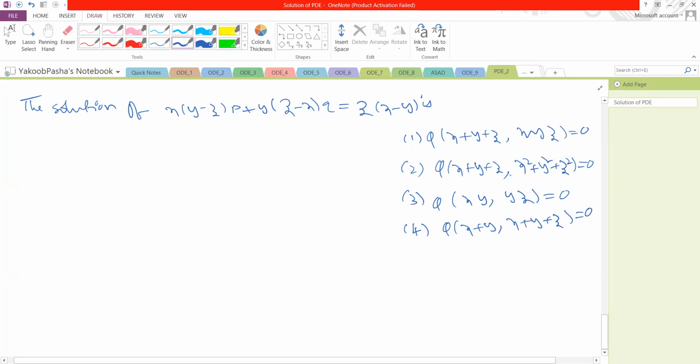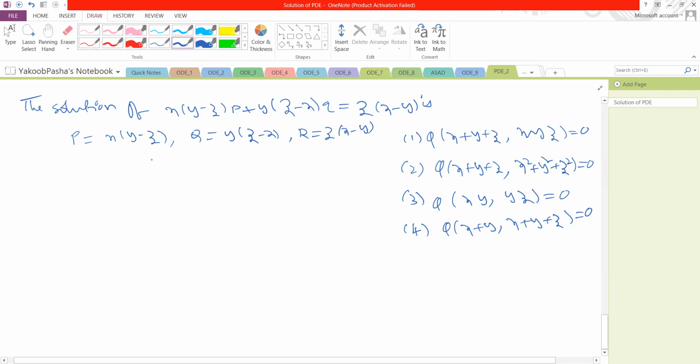So, what is the right option? Option 1 is the right option. Okay, good. Now, first we have to write the p value, q value, r value. P is equal to x into y minus z, and q is equal to y into z minus x, and r is equal to z into x minus y.